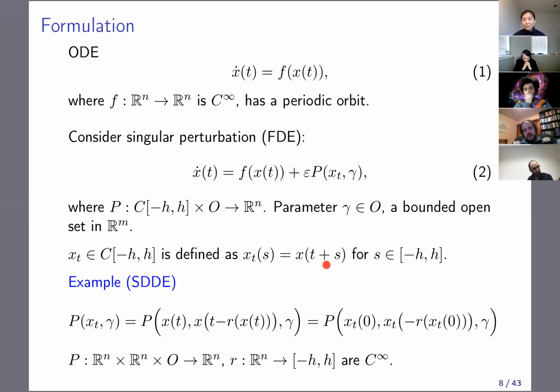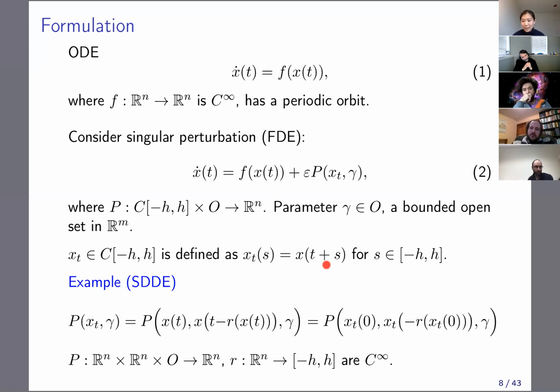So basically, people will consider h as an upper bound for the delay functional, and then what people usually do is to consider s belonging to the interval -h to 0.